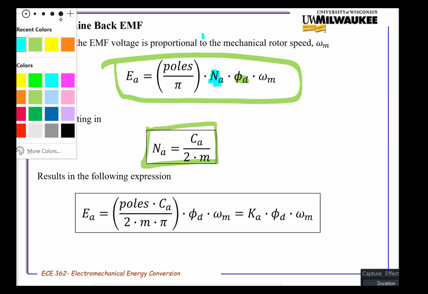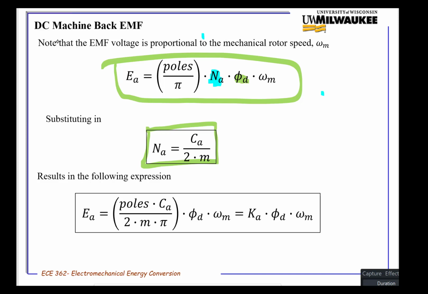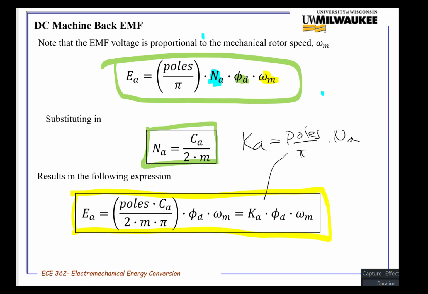And now you've got the mechanical effect of the speed giving you the voltage. And so you end up with this expression for the voltage. This Ka that we said before is equal to poles over pi times Na. That goes right there.